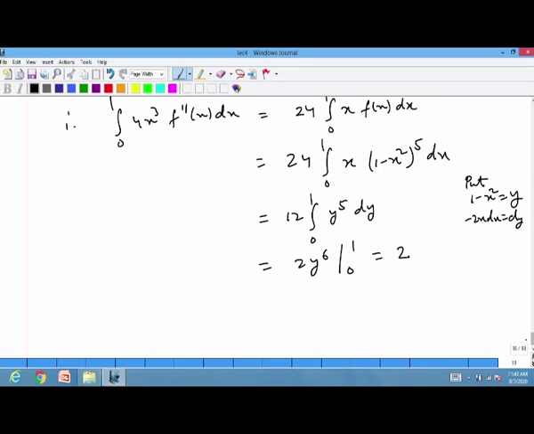So, therefore, the value of the integral is equal to 2.